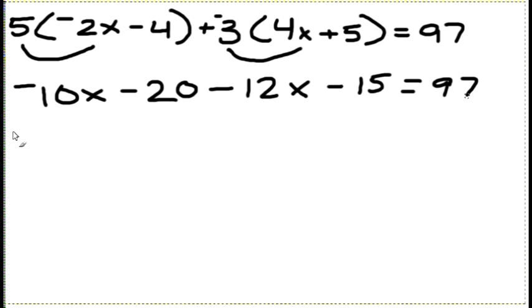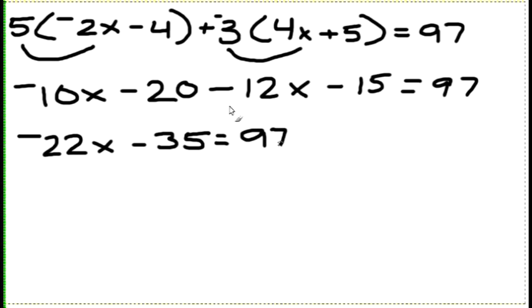So now what you want to do is you want to simplify. So you're going to add up all the like terms, which in this case would be negative 10x and negative 12x, my bad. And you get negative 22x, and then the negative 20 and negative 15, which add together to create negative 35 equals 97.